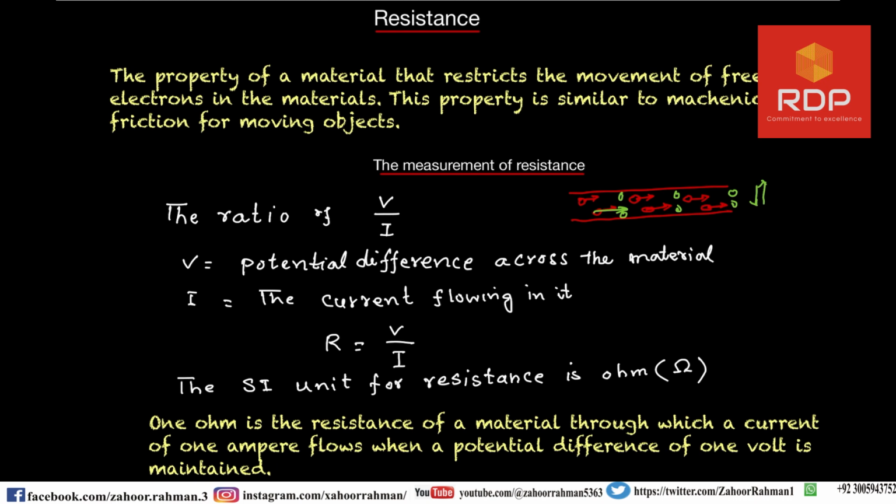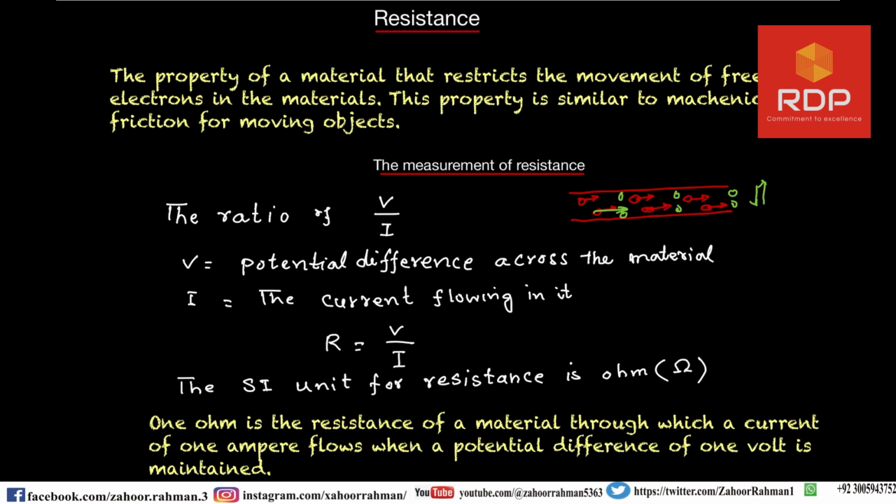If there is less resistance to the flow of free electrons, then it means that many electrons will pass through these lattice atoms, and as a result we will get larger currents.